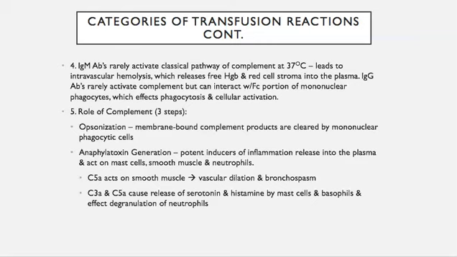Okay, and then the role of complement in this process, there are three stages. Opsonization is the first stage. So you've got your membrane-bound complement products that are cleared by mononuclear phagocytic cells. You've got anaphylatoxin generation. So they're potent inducers of inflammation that release into the plasma.